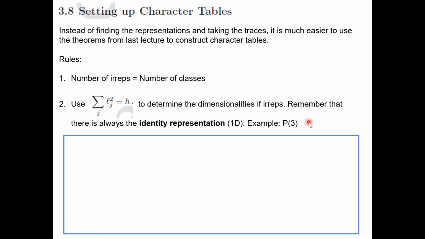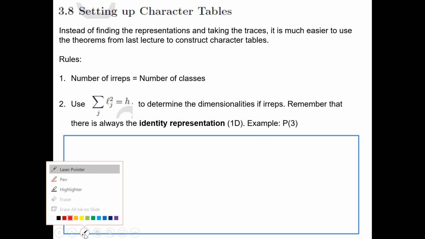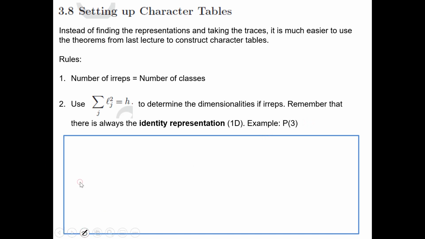This is a group that is isomorphic to the symmetry operations of an equilateral triangle. And if you remember, the group P3 has three classes, and then because of this property here, it must have 3 irreducible representations.